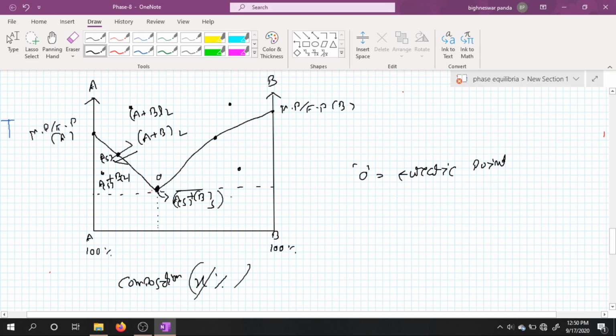Apart from that, there is also the presence of A solid with A plus B liquid, and this represents the equilibrium between A plus B liquid and B solid. This point represents B solid plus A liquid.